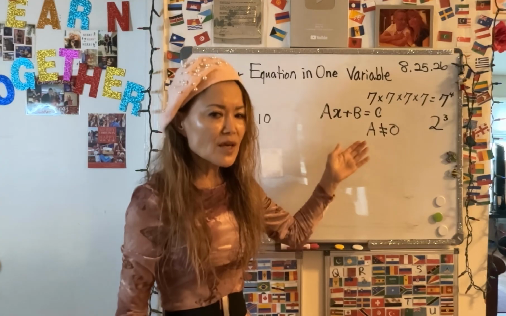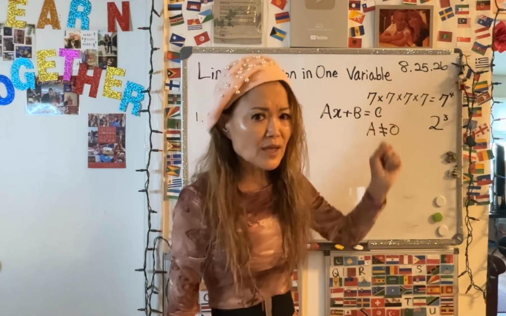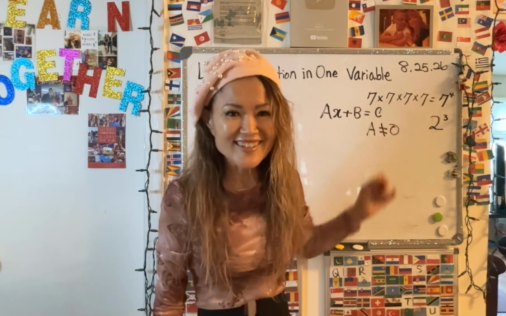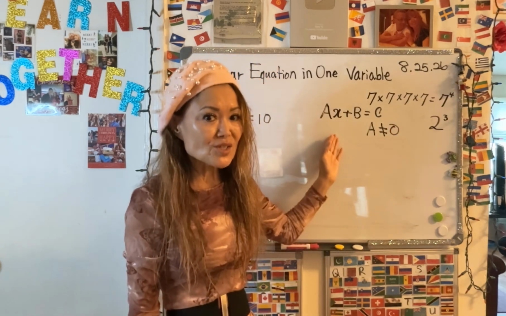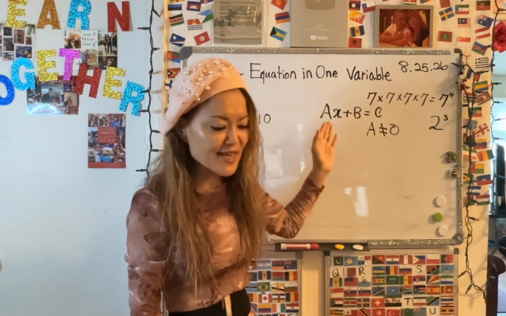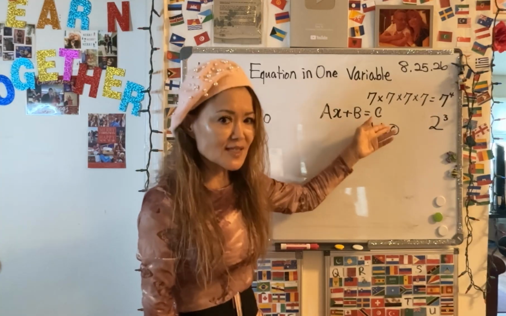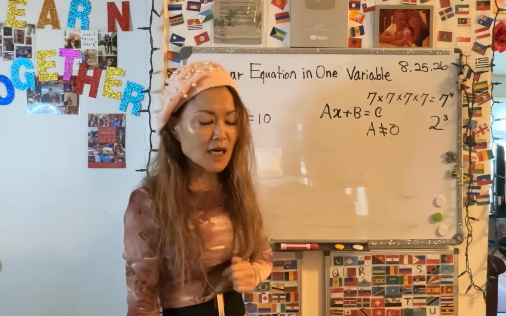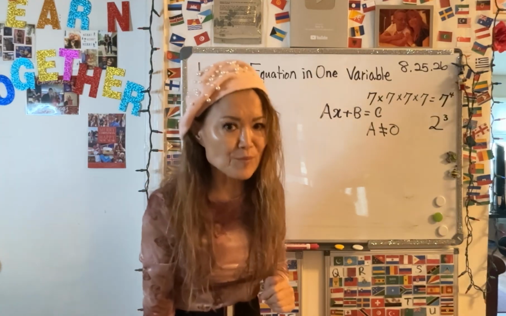Why? Because 0 times any number is 0. So that means the variable is going to be gone. So please remember, this is the standard form: ax plus b equals c, where a, b, c are real numbers.